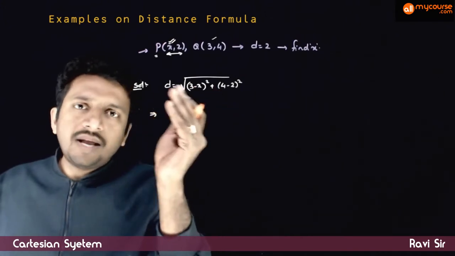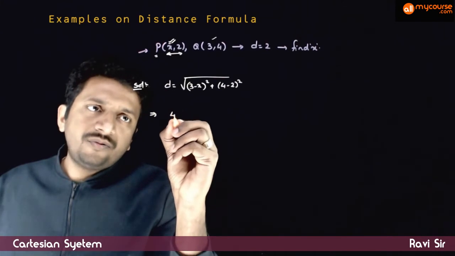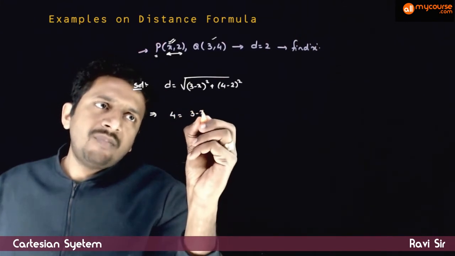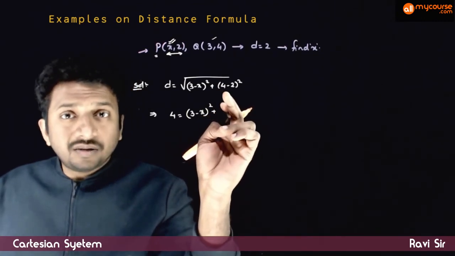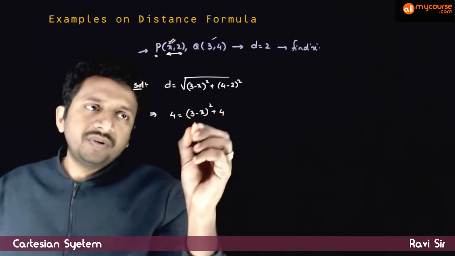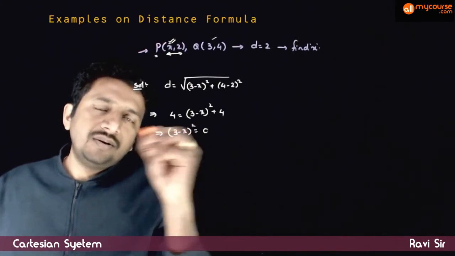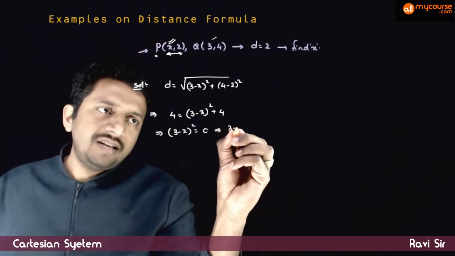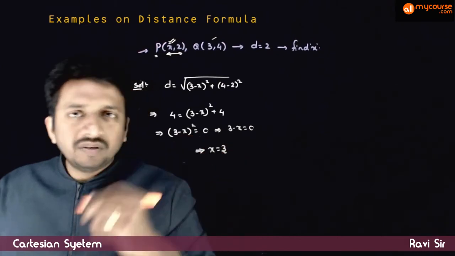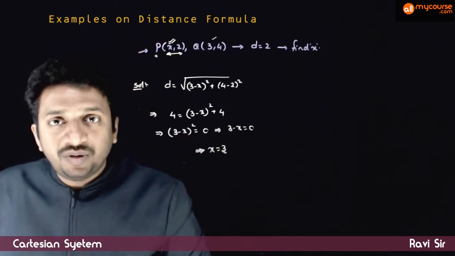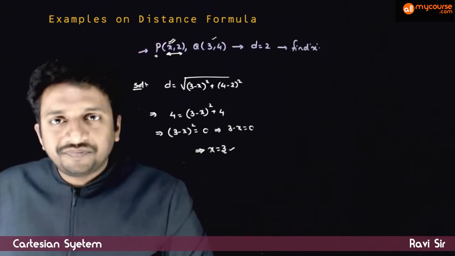If you square it on both sides, the distance is given as 2, so 2 square, 4, is equal to 3 minus x whole square plus 4 minus 2 whole square, which is 2 square, equal to 4. This implies 3 minus x whole square is equal to 0. This implies 3 minus x is also equal to 0. This implies x has to be equal to 3. So this is the answer to this question.